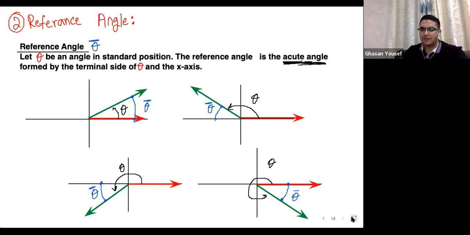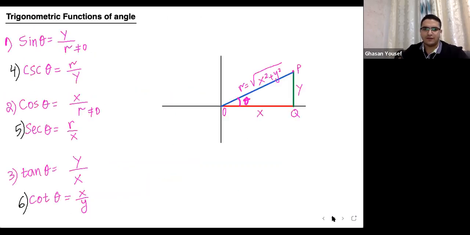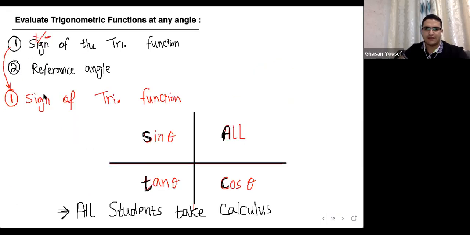So I'm going to give you the table. The last thing in this section, I stop after I give you the table, and next time I'm going to continue for how we can evaluate, by step 1 and step 2, any trigonometric function at any angle.